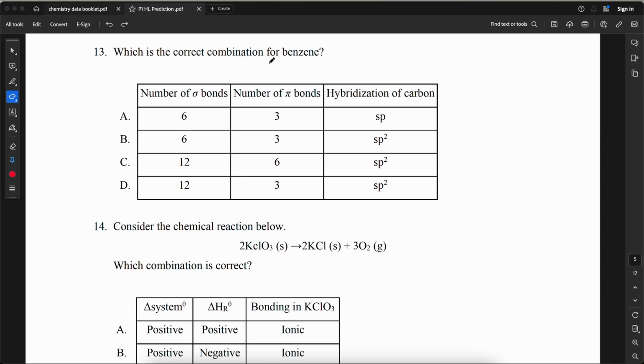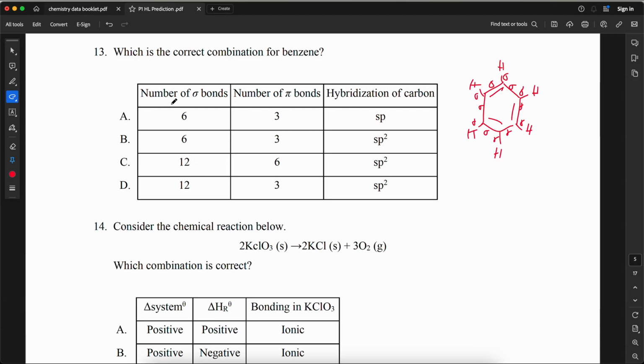Which is the correct combination for benzene? So this is benzene, and every C is bonded to one H. For sigma bonds, let's count 1, 2, 3, 4, 5, 6, 7, 8, 9, 10, 11, 12.